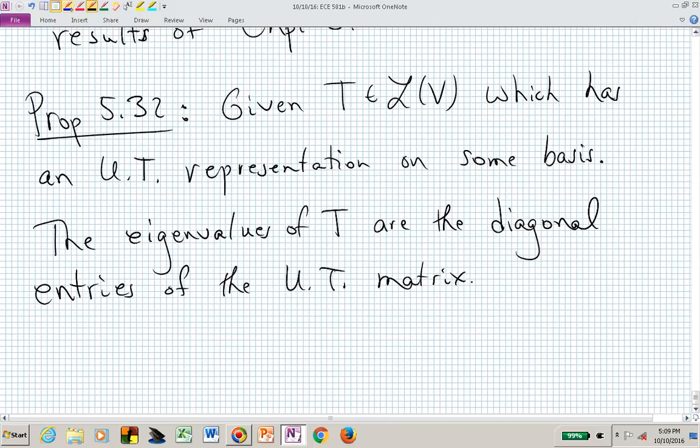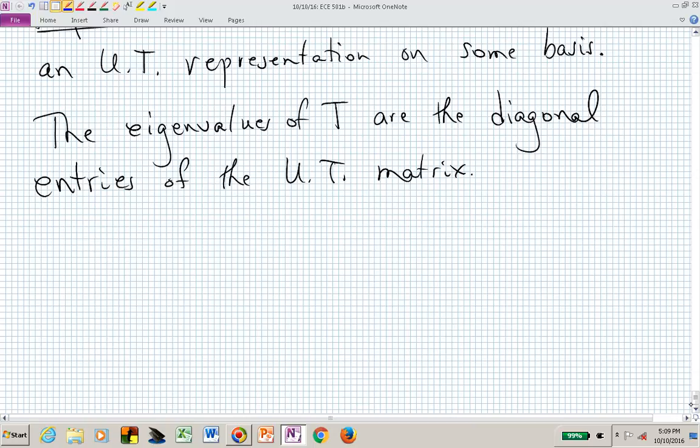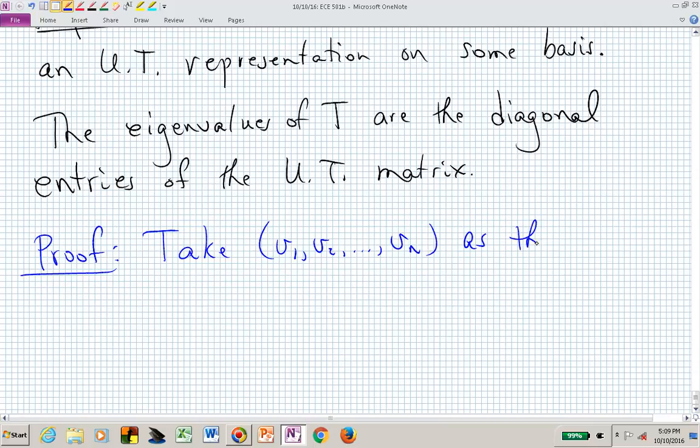If we wanted to look at showing that, let's now take that basis to be v1, v2, through v sub n. We have some basis that gives us this upper triangular representation of this linear operator. So take v1 through vn as the appropriate basis.